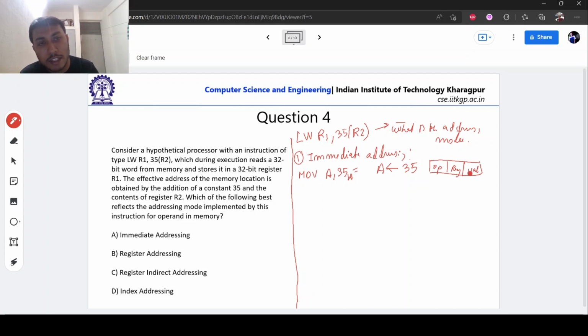This kind of addressing is called immediate addressing, where the processor doesn't have to fetch the data from the memory.